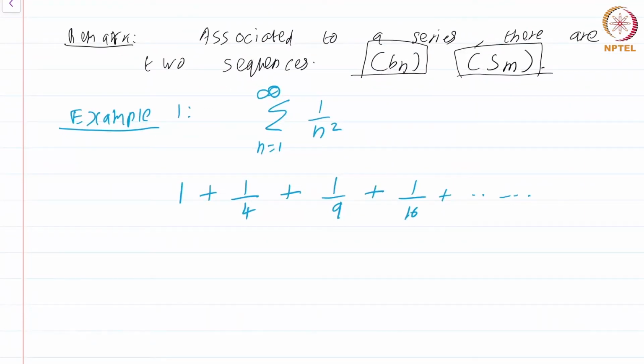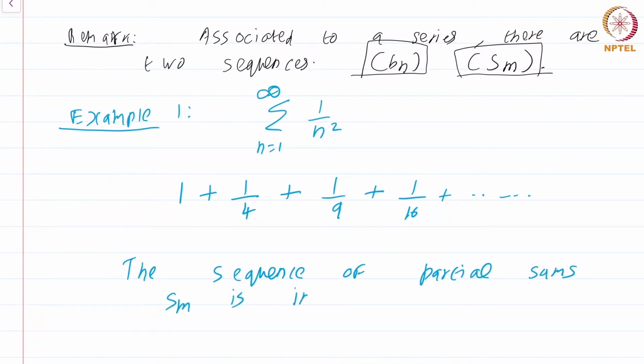Now, I know that the sequence of partial sums Sm is increasing simply because the series has terms that are all non-negative.